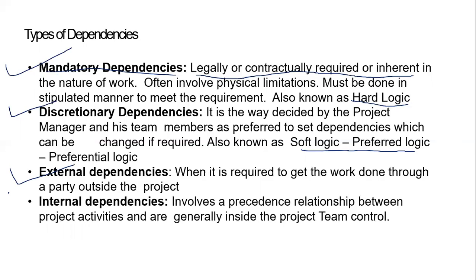Then, similar to mandatory and discretionary, there is an external dependency and an internal dependency. Let's say an external dependency is when there is some expert work I need to do. For example, if I'm doing a construction, and I need to put locks on all the doors, and a locksmith is required, right?